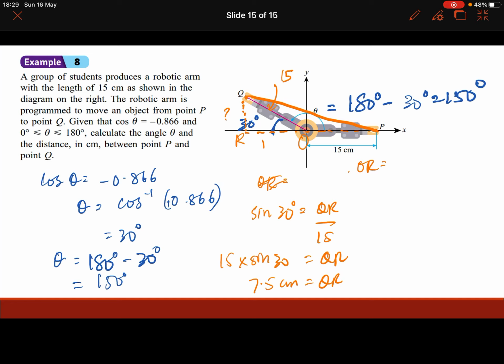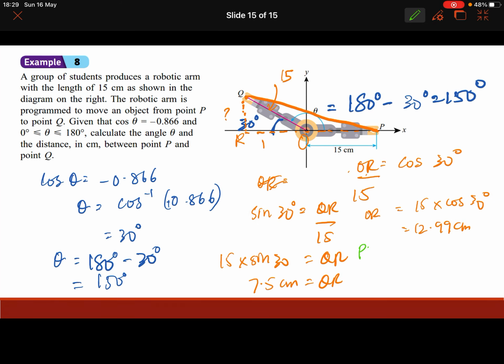Adjacent over the hypotenuse 15 equals cos 30. So OR is 15 times cos 30, which equals 12.99 cm. So for PQ, we just use the Pythagoras theorem.